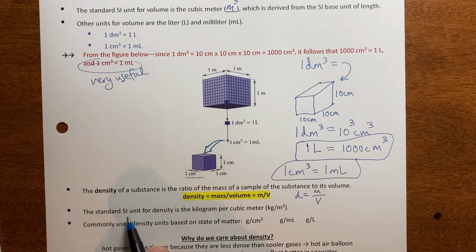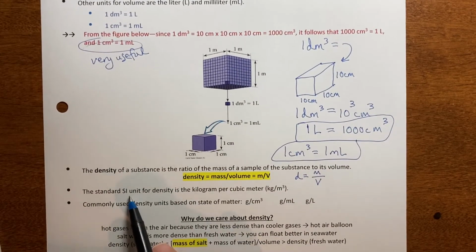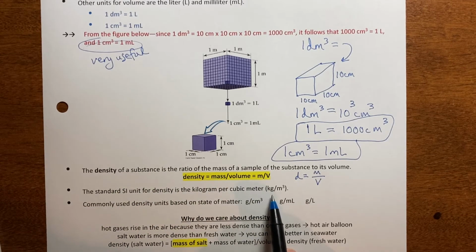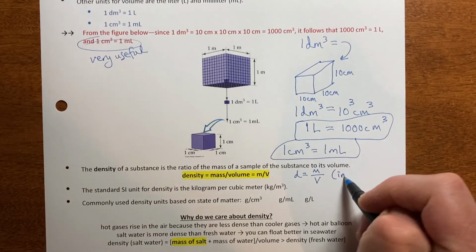Now in the SI system, this standardized system that they invented in Europe, the standard unit is a kilogram per cubic meter.